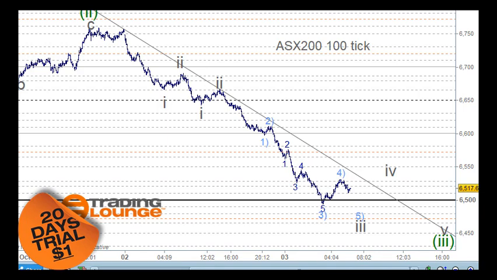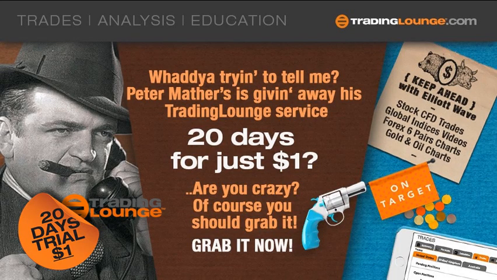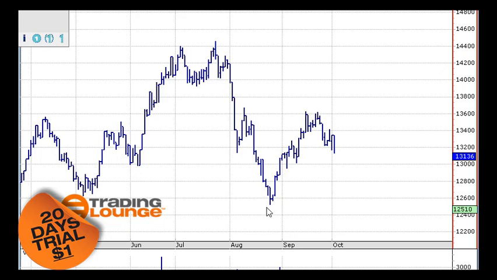I want to have a look at the materials sector. So this is the materials sector here. We've been over this before. So we've got wave 1 and 2 here, 3, 4, and 5 here. The ASX200 moved way up here with the banks' help. In this case, we were looking at this as an A and a B and a C wave here.